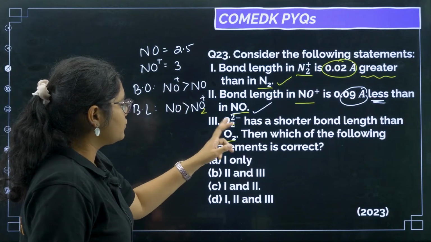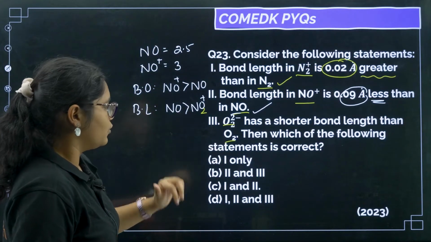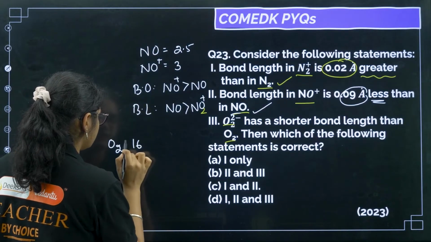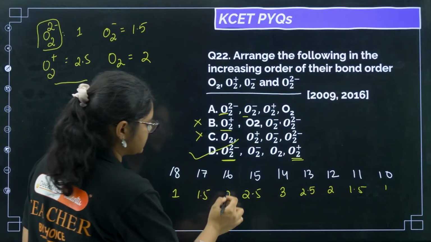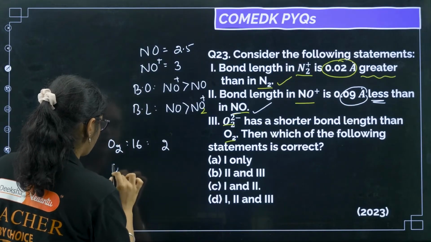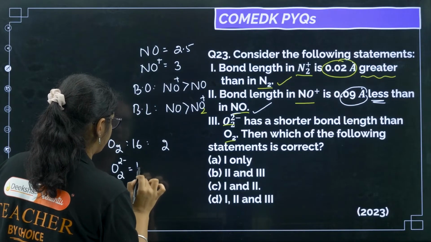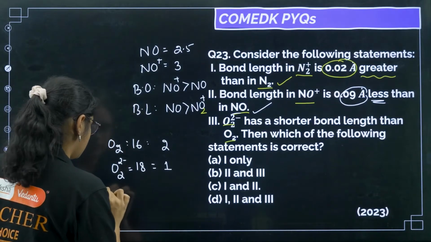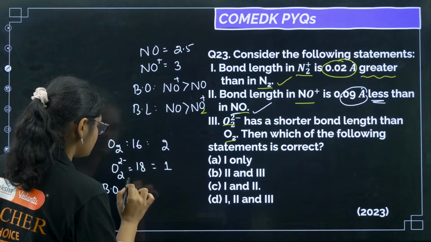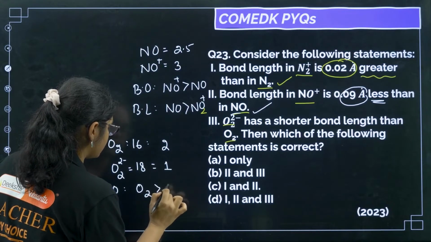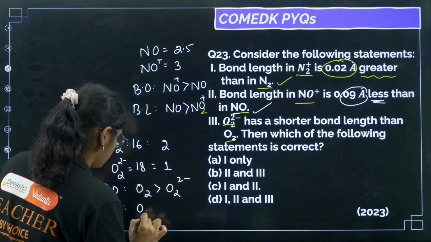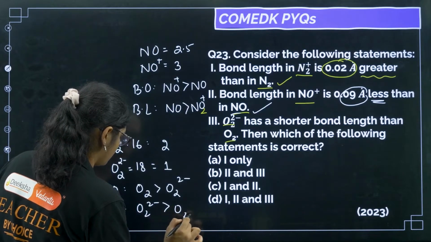Next, O2 2 minus has a shorter bond length than O2. So O2 is 16 and its bond order, if we check, is 2, and O2 2 minus is 18 and its bond order is 1. So now bond order of O2 is greater than O2 2 minus, so bond length will be O2 2 minus greater than O2.